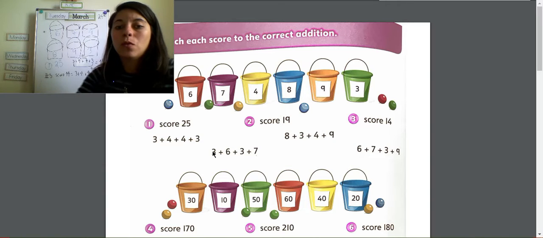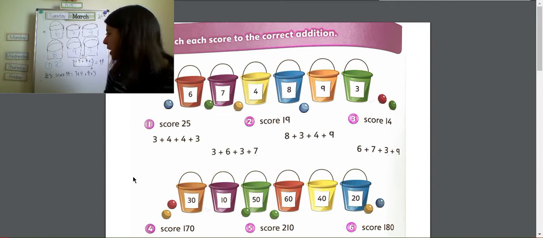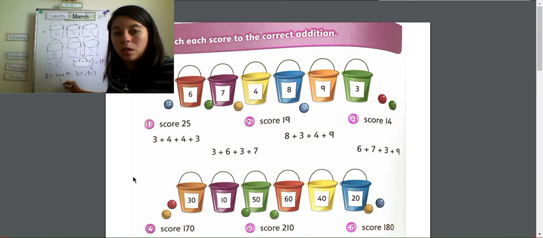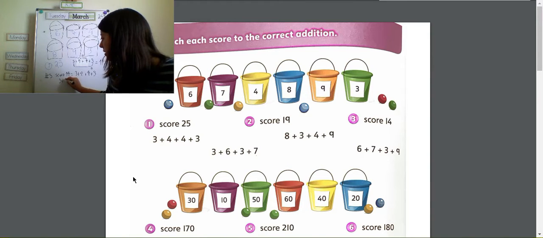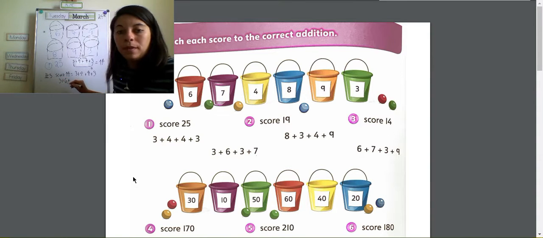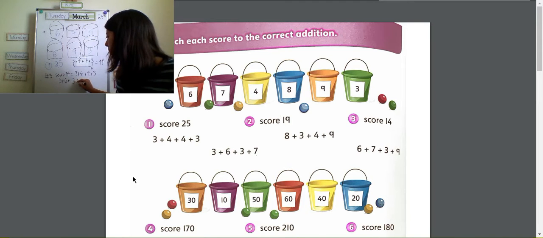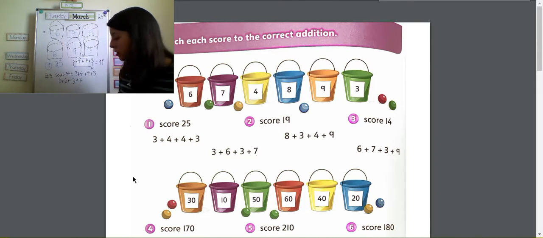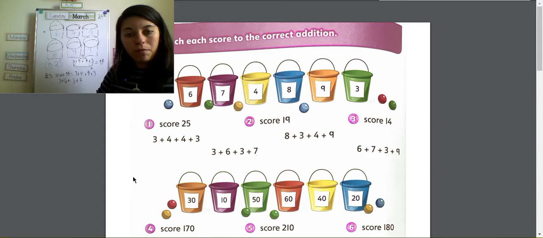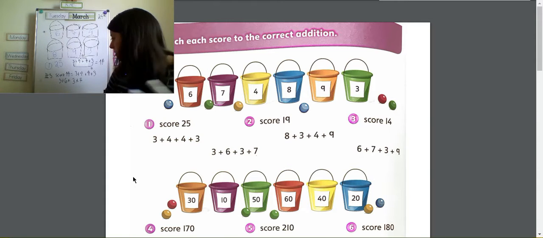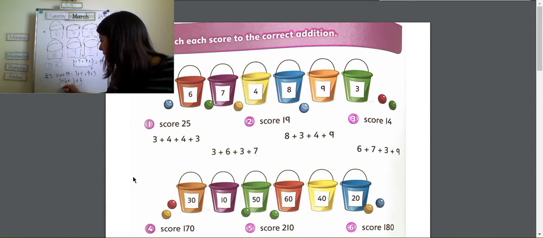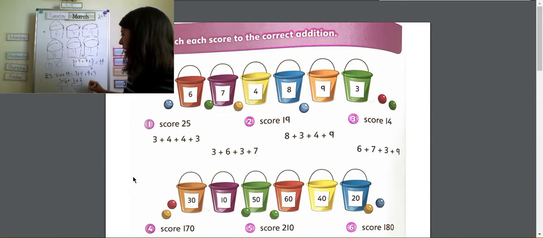Let's do another one. Let's do 3 plus 6 plus 3 plus 7. Now, how much is that? We know that we've been pairing them up, and I know that 3 plus 7 is 10, and I also know that 3 plus 6 is 9, and 9 plus 10 equals 19.